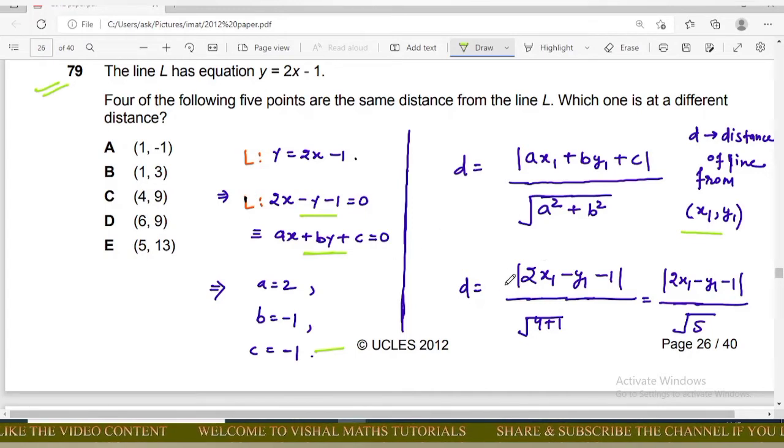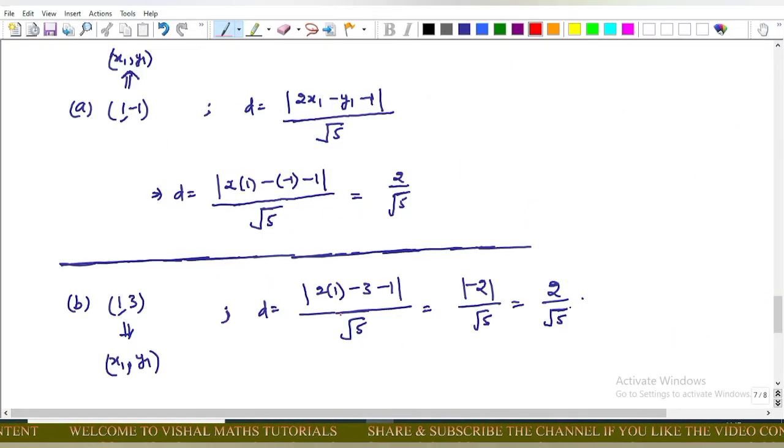For this question, 2x1 minus y1 minus 1 upon square root of a square plus b square, that is 4 plus 1, which equals 2x1 minus y1 minus 1 upon square root of 5. Now we check the options one by one.